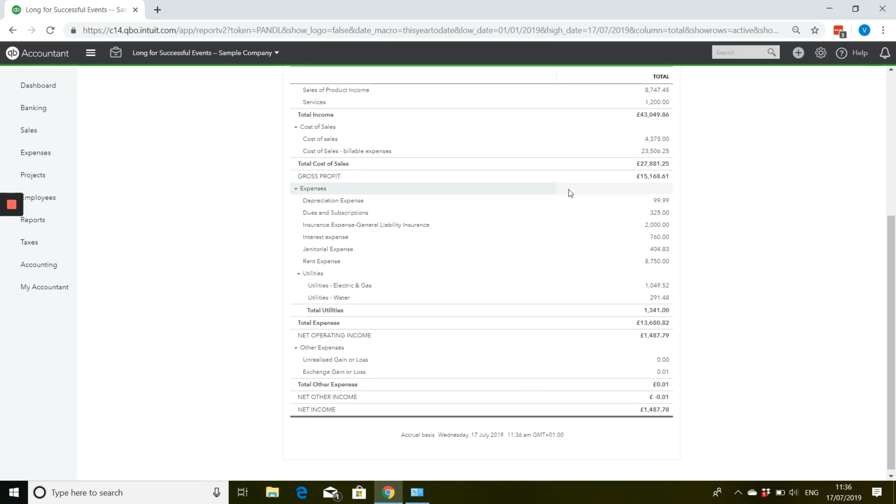And then under that line, you have other expenses. So any other expenses that are related to the business but aren't a cost of sale: subscriptions, insurance, bank charges, rent, utilities, legal fees, accountancy fees, anything else that you can name really that is a business expense, travel expenses, subsistence, can go here.